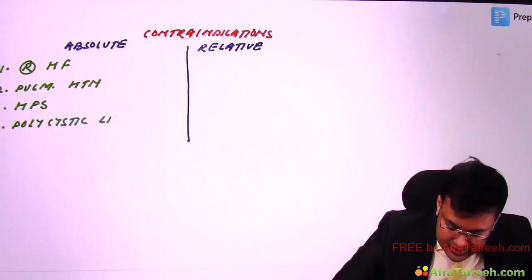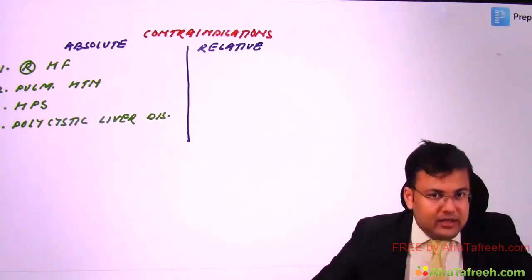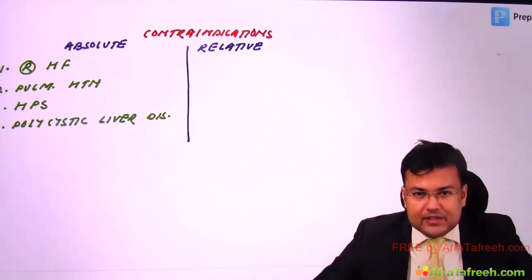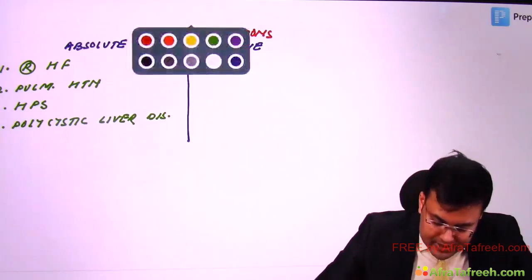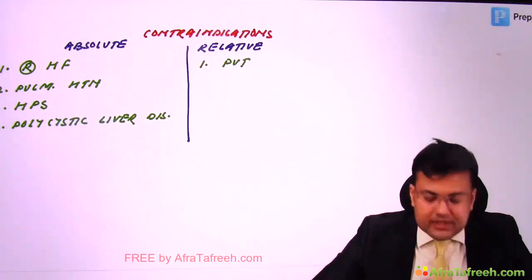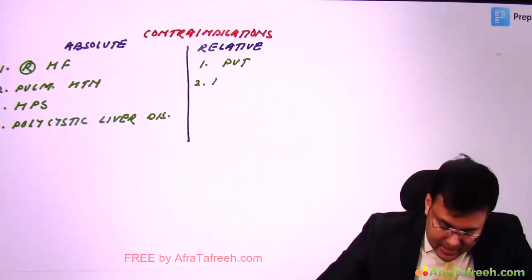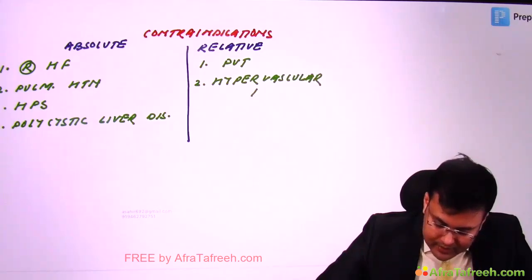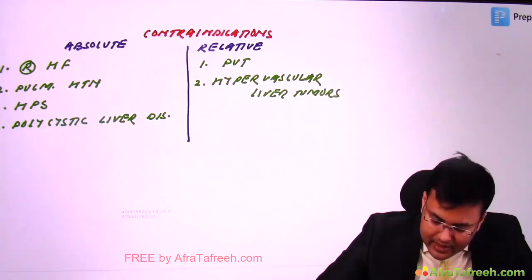Because in polycystic liver disease, the anatomy is distorted, leading to increased risk of complications. Relative contraindications: first is portal vein thrombosis. Second, hypervascular liver tumors, and encephalopathy.